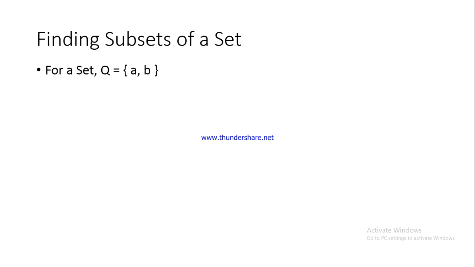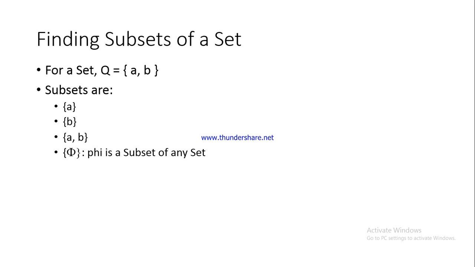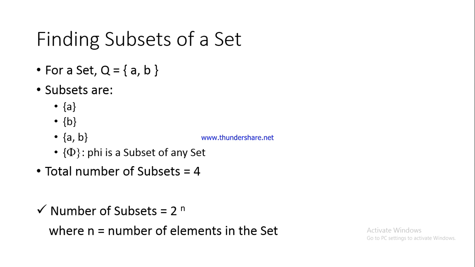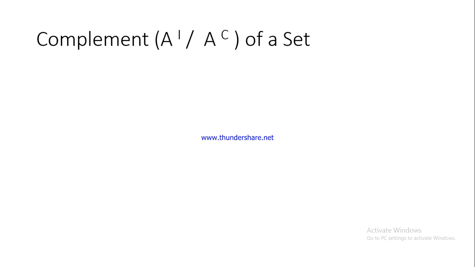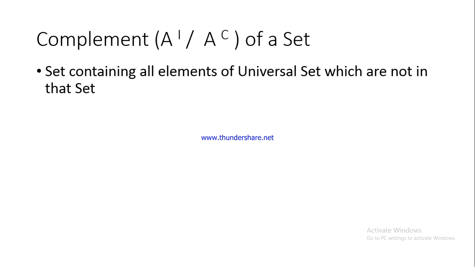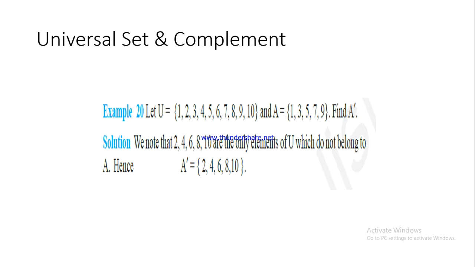We also talked about the formula which can be used to calculate the number of subsets that a set can have. We also talked about the power set, the universal set, the complement of a set which is denoted by A dash, and we had attempted some questions as well.